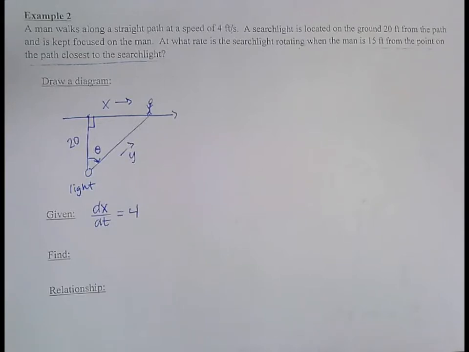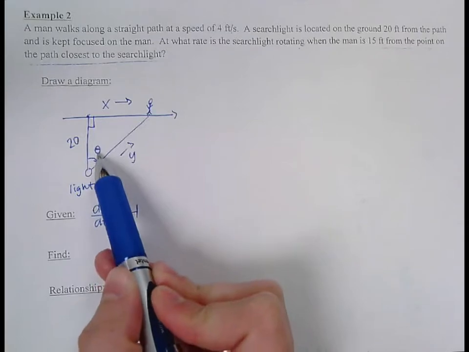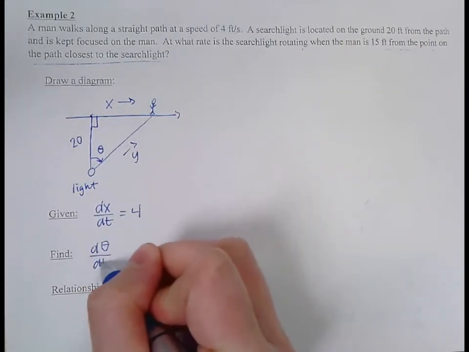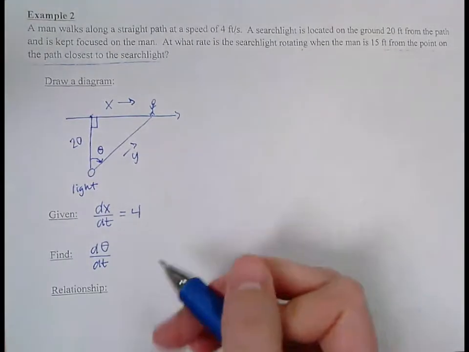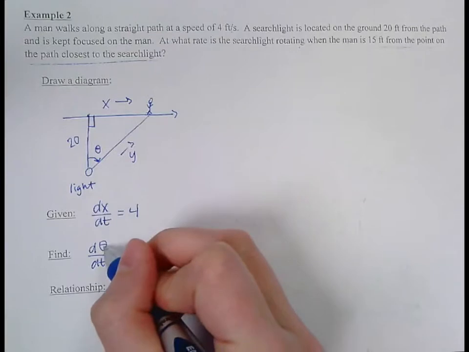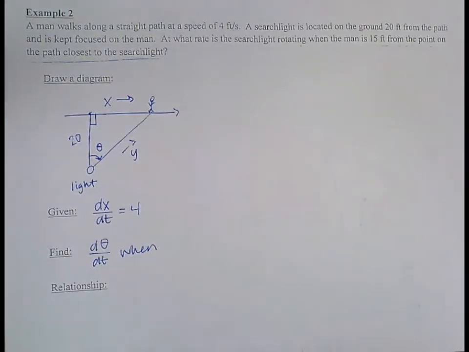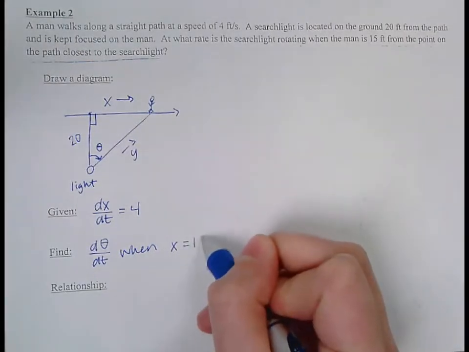At what rate is the searchlight rotating? So we're looking for the change of theta with respect to time, when the man is 15 feet from the point on the path closest to the searchlight. So we're finding d theta/dt when x is 15.